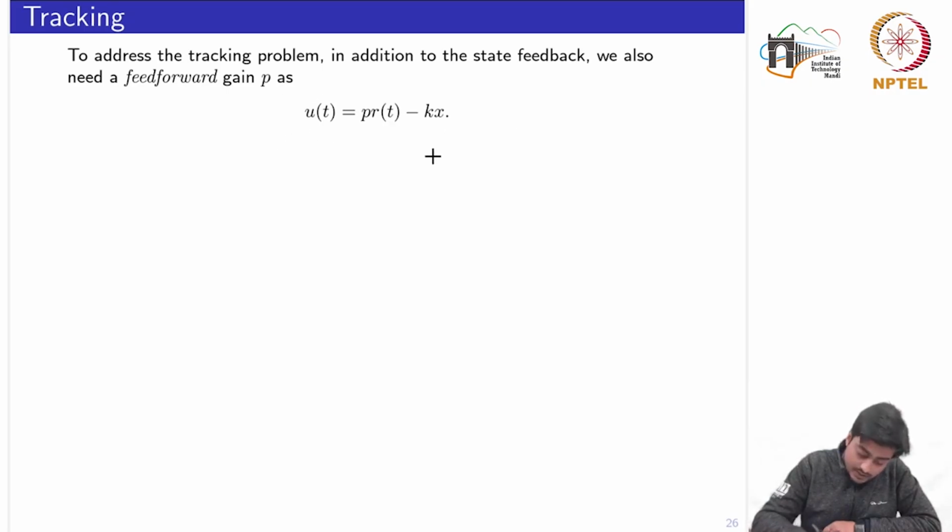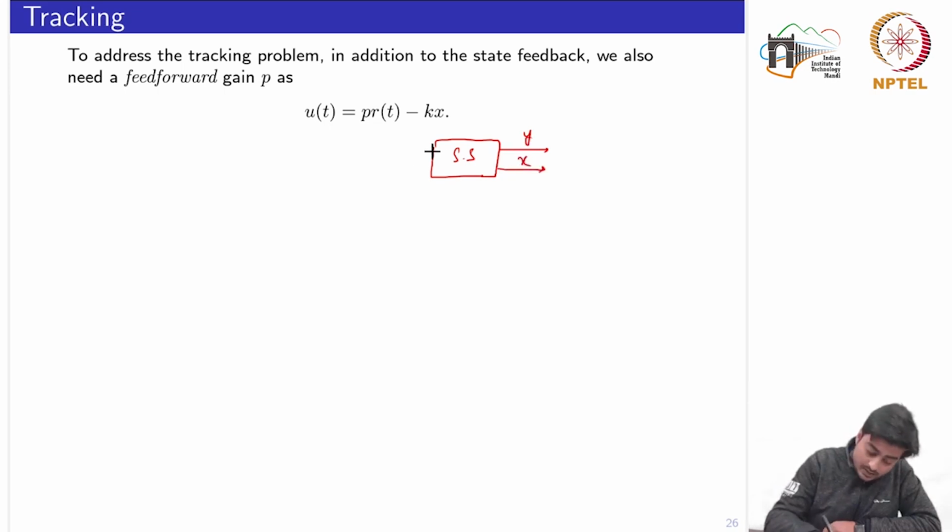So now if you see the structure of the state feedback system, this is the state space system where we have an output, let's say Y, and suppose we also have the measurement of the state, and this is U. So far we have considered the design of the state feedback controller by considering K, taking the feedback from X and putting it back to the state space system.